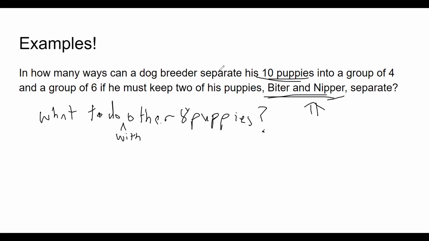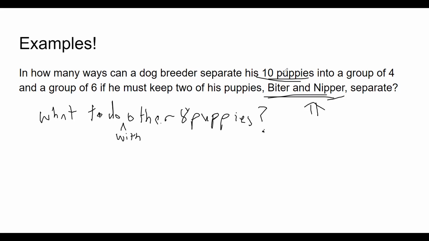All right, so we've had one correct answer so far. Why don't we step through this problem? What I was trying to get at with the hint is that these other 8 puppies, we can do as we please.